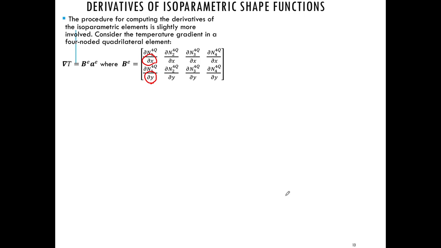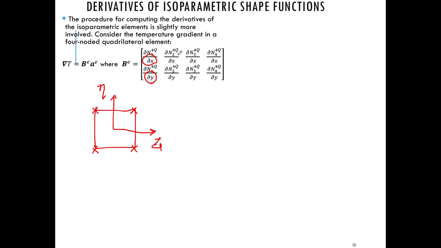Right. As an example of finding the derivatives of our shape functions, I'm going to consider our four-noded quadrilateral element. That is, we're going to take our bi-unit four-noded quadrilateral element in the psi and eta domain. Why? Because this is our reference parent element, the one we use for finding our shape functions. This is the element we're going to use as an example, hence my N's are represented with a superscript of 4Q.